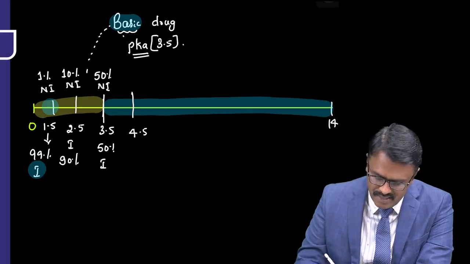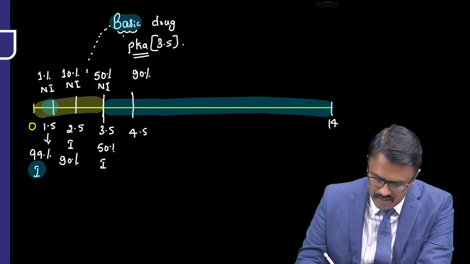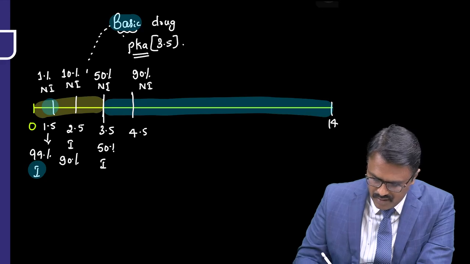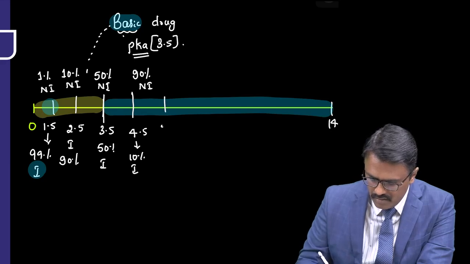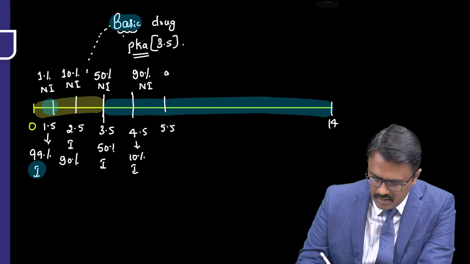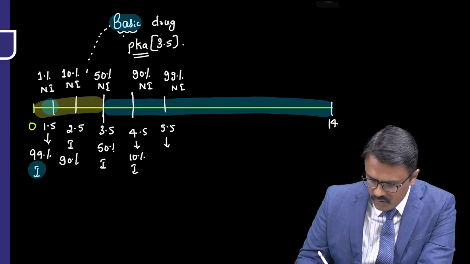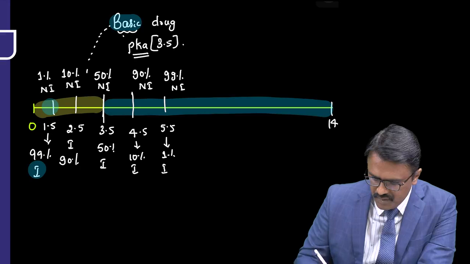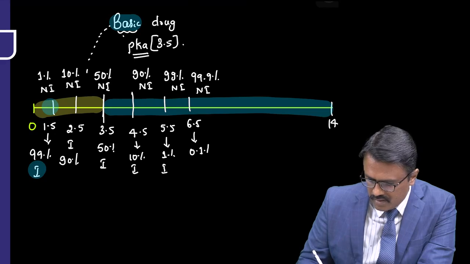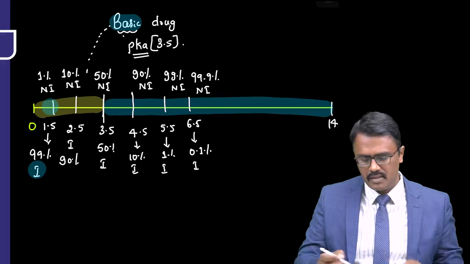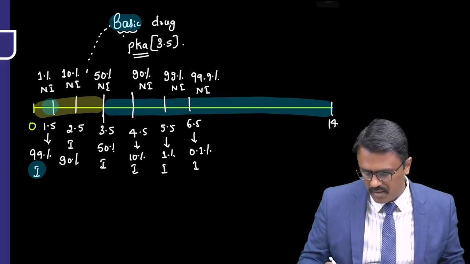Now 90% is non-ionized and 10% is ionized. If I move one more pH, 5.5, it is 99% non-ionized and 1% ionized. If I move to 6.5 pH, it is 99.9% non-ionized, 0.1% ionized. So a basic drug favors a basic environment.